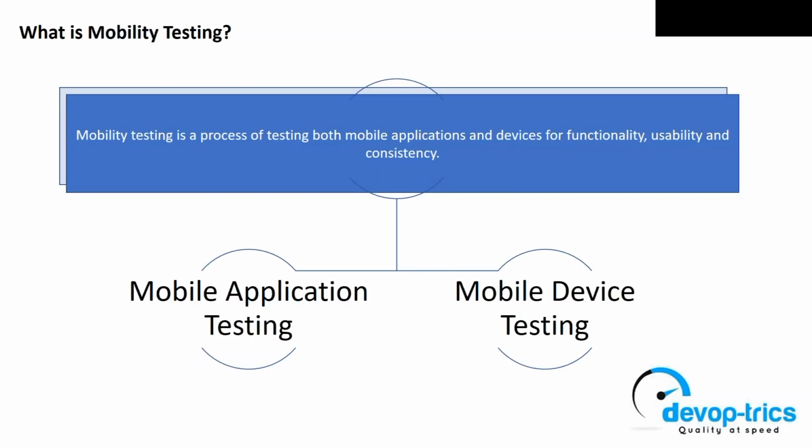Take for example Zomato or Swiggy. They have an online presence also, but instead of online, people prefer to use their apps. So it's becoming very essential for most businesses to launch their apps and to control their users, for their user satisfaction and to give users a very good experience.